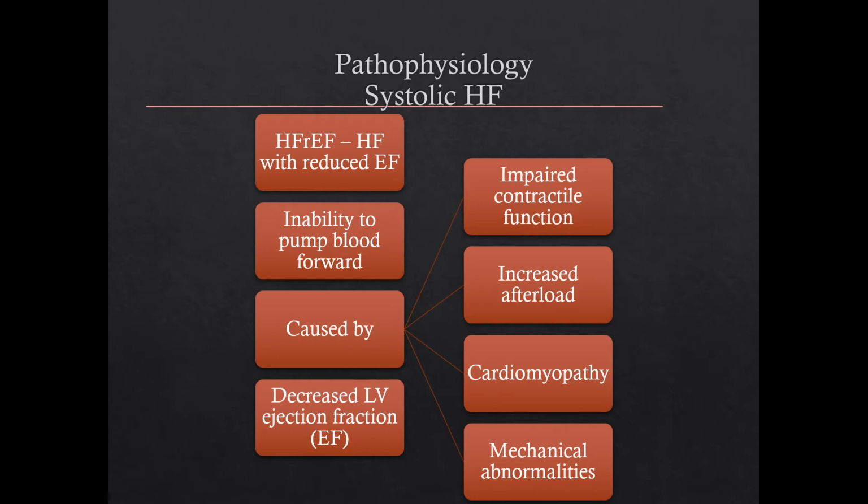So those are the general problems. And so when we say impaired contractile function, think myocardial infarction, okay? When you think increased afterload, think hypertension, or think diabetes with thick blood, or a smoker with smaller vessels because of the vasoconstriction, increased afterload, okay?